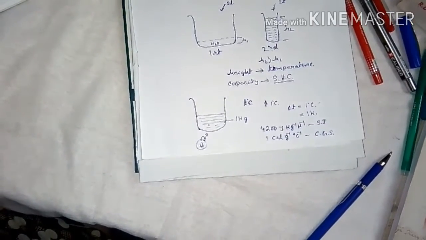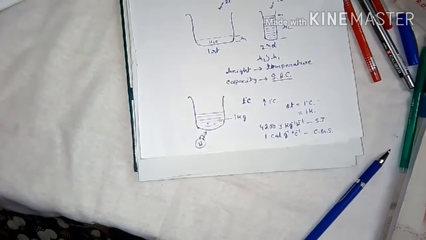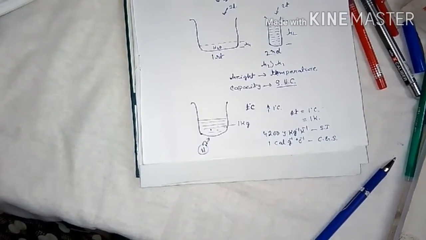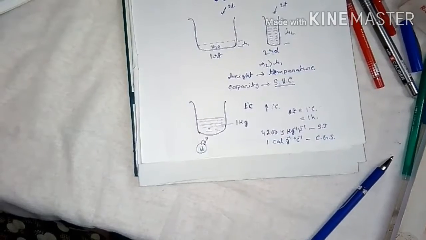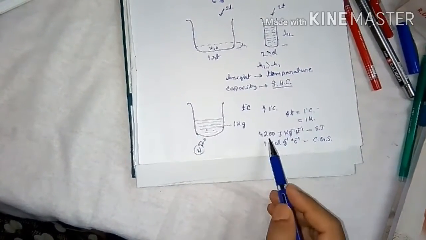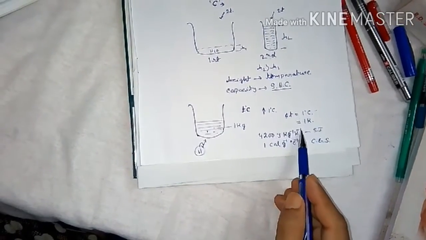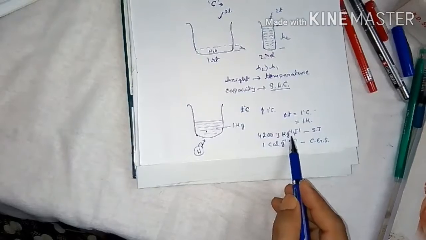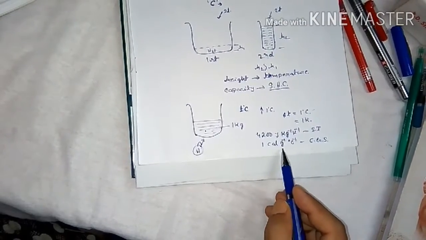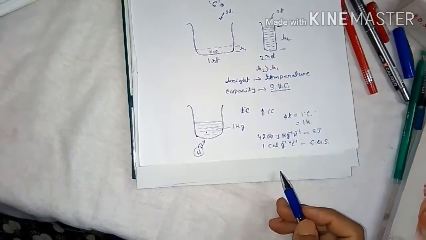In this world, the maximum specific heat capacity is for water, which is 4200 joule per kg per Kelvin. This is the SI unit of specific heat capacity, and this is the CGS unit of specific heat capacity.